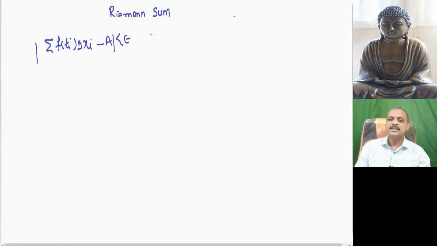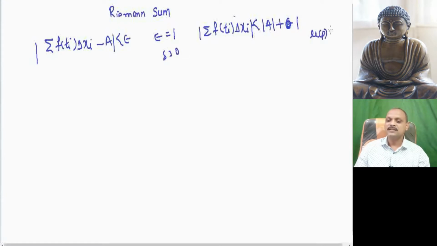Then obviously this function is a bounded function, and therefore for epsilon equal to 1, the modulus of the summation of f(ti) Δxi is less than mod A plus epsilon, which is 1. For this value there exists a delta greater than 0 such that the partition P has norm μ(P) less than delta.